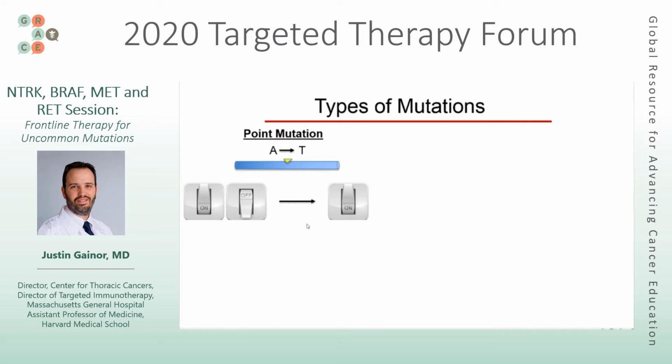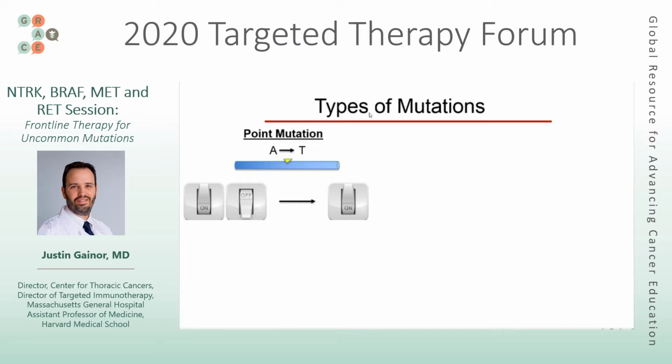The other thing I wanted to point out, and this is important when patients, families, and providers alike are looking at their genetic reports, is that these reports can get quite complicated, and that there are different types of mutations, and not every mutation essentially turns on that light switch.